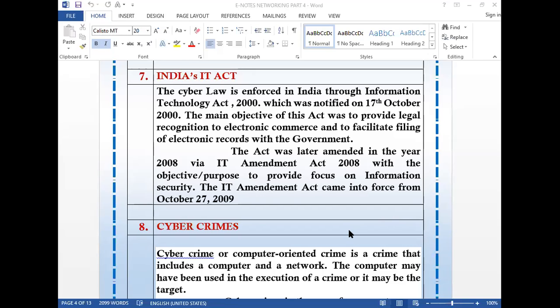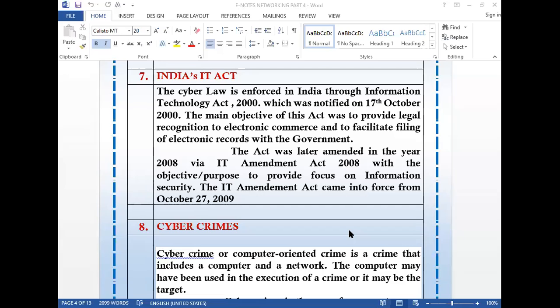Suppose you have booked any ticket online, or you are making any payment, you are paying your mobile bill online. You might have noticed OTP comes on your mobile, on your registered mobile. When you fill that OTP, then only the final transaction will take place. Right?